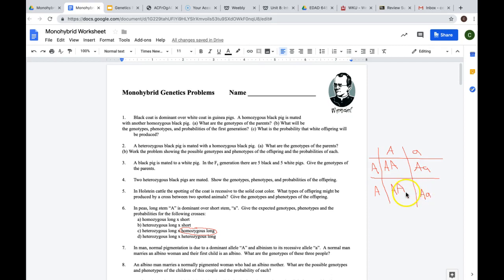So genotypes will be 50% homozygous long, 50% heterozygous, and then you will end up with 100% long stems, okay? And last, heterozygous long, heterozygous long.